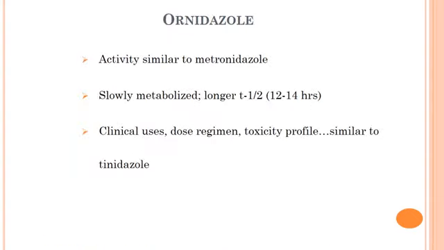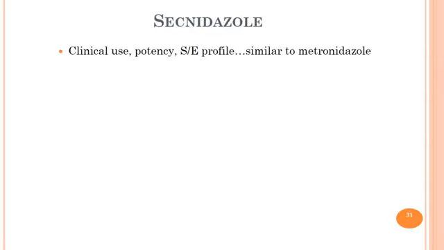Now, ornidazole. It has activity similar to metronidazole, but it is slowly metabolized, so has a longer half-life of 12 to 14 hours. The clinical uses, dose regimen and toxicity profile are similar to tinidazole. Then secnidazole: clinical use, potency and side effect profile are similar to metronidazole.